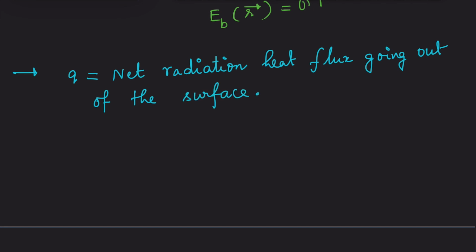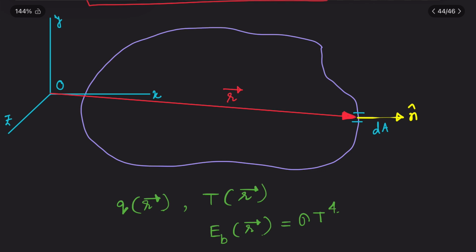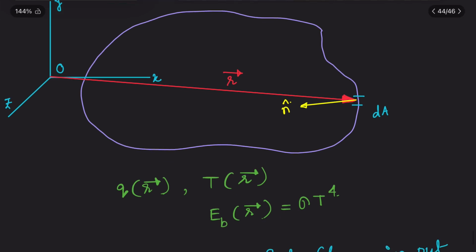The moment I say going out of the surface, I have drawn the normal like this, but enclosure means I am interested in the inside, so maybe my normal is like this. Anything that is going out, this is my direction of q. Anything that is coming in is like this.